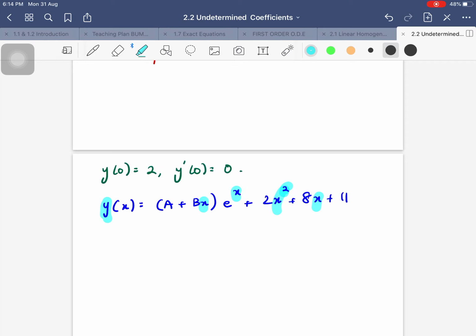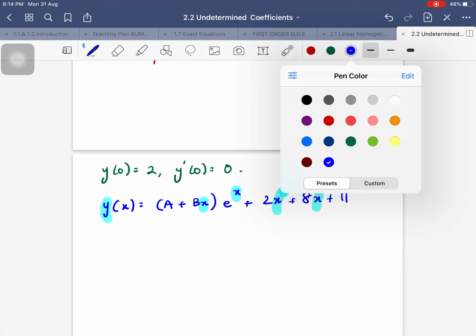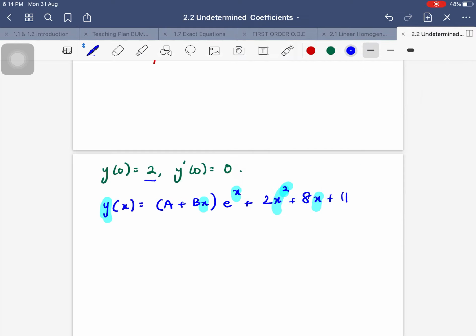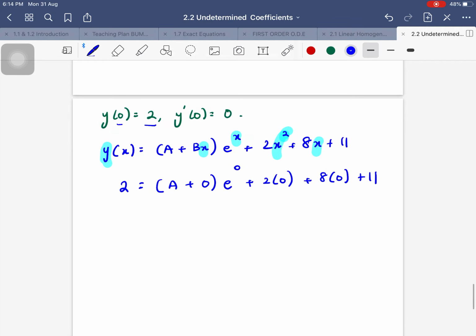For this case, my y value is going to equal 2, and my x value is going to equal 0. So I'm going to have 2 equals (a + b times 0, that's a 0) e^0, plus 2 times 0, which is 0, plus 8 times 0, plus 11. Okay, so that is my equation.